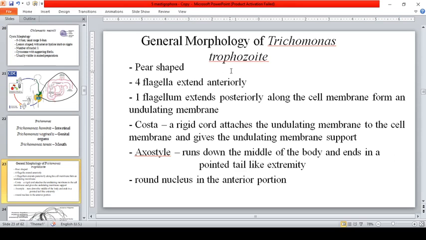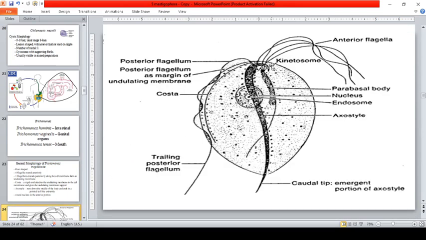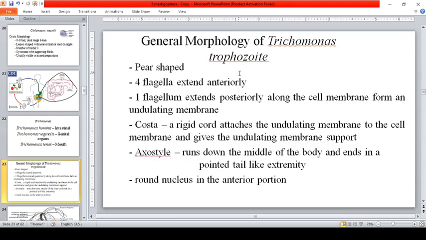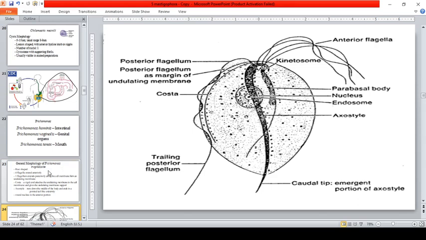So, the general morphology of the Trichomonas trophozoites. They are pear-shaped and contain four flagella that extend anteriorly. So we have four anterior flagella, and it is pear-shaped.